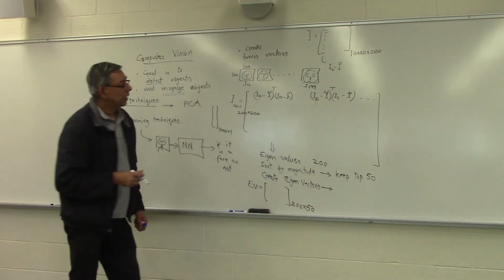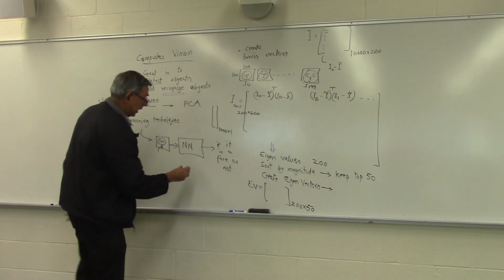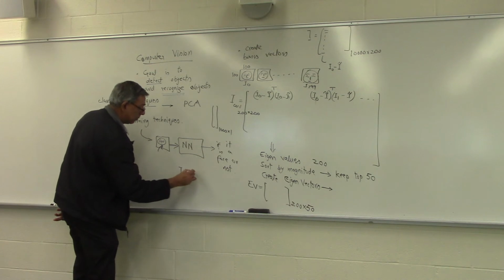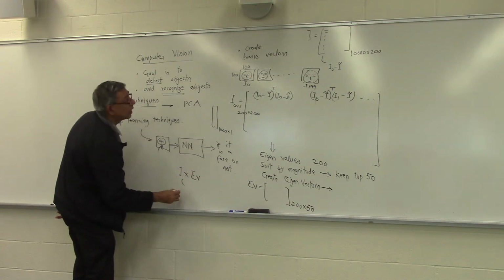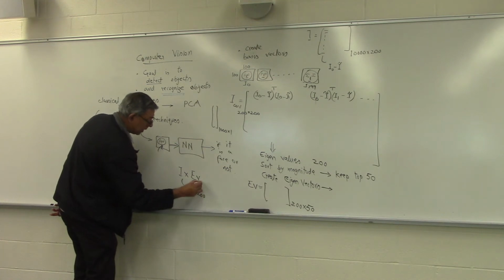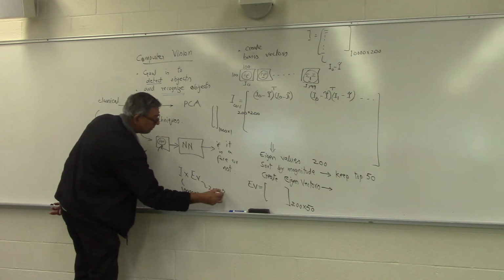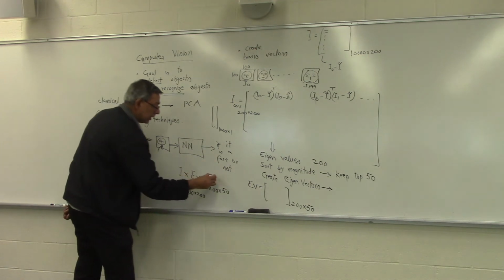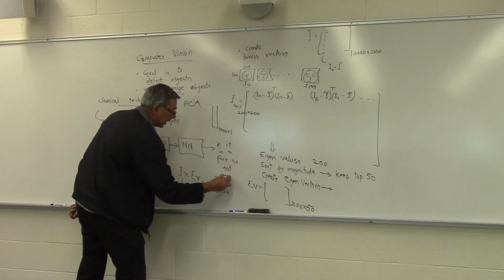Okay, so anyway, once we multiply I times EV, where I is 10,000 by 200 and EV is 200 by 50, you can see this is what we call the eigenfaces.